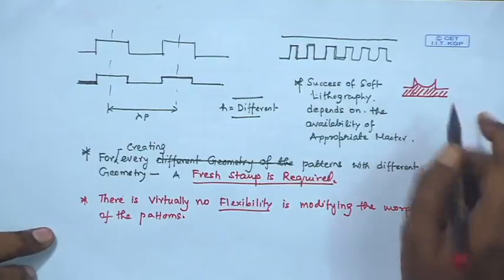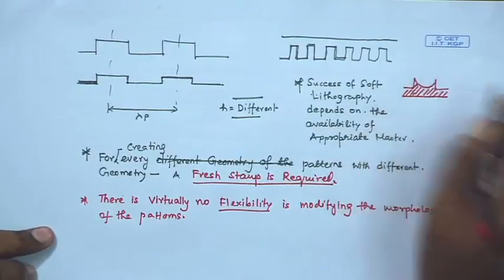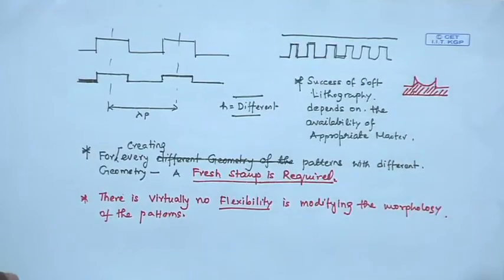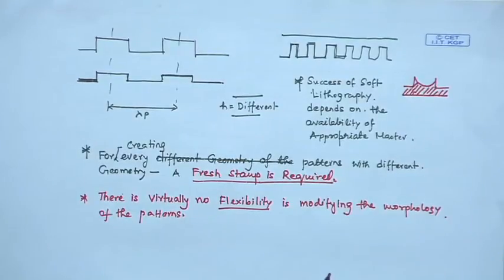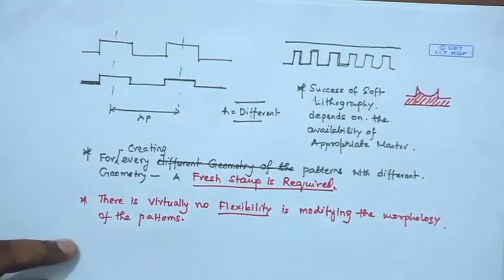You can still do that, but then again it gets limited, the periodicity, line width, etc., are determined by that of the stamp. So, a significant amount of research has been going on for the last few years in making soft lithography more flexible, not flexible in terms of a Sylgard stamp.